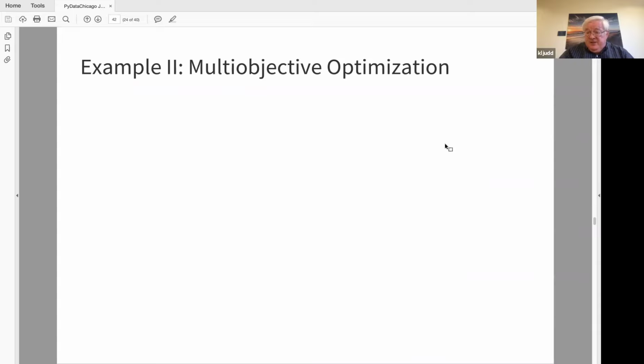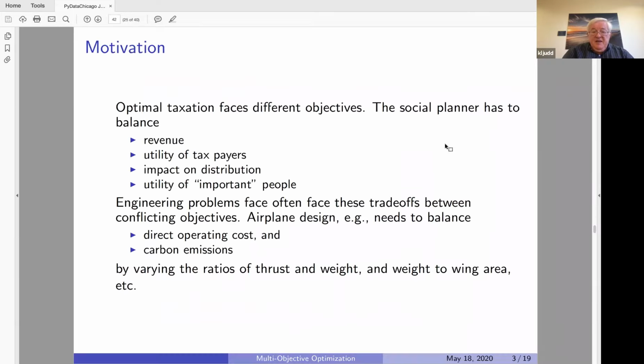Here's a more recent example of what we're doing: multi-objective optimization. If we're going to talk about optimal policies, optimal tax policies, for example, the social planner has to worry about getting enough revenue to pay the bills. They have to worry about the utility of the taxpayers and of their politicians, the impact on distribution.